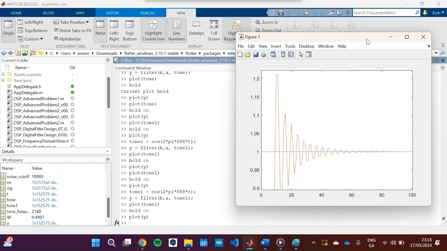That's tone 1 in blue. Why is it like that? That's strange. Okay. What's going on?